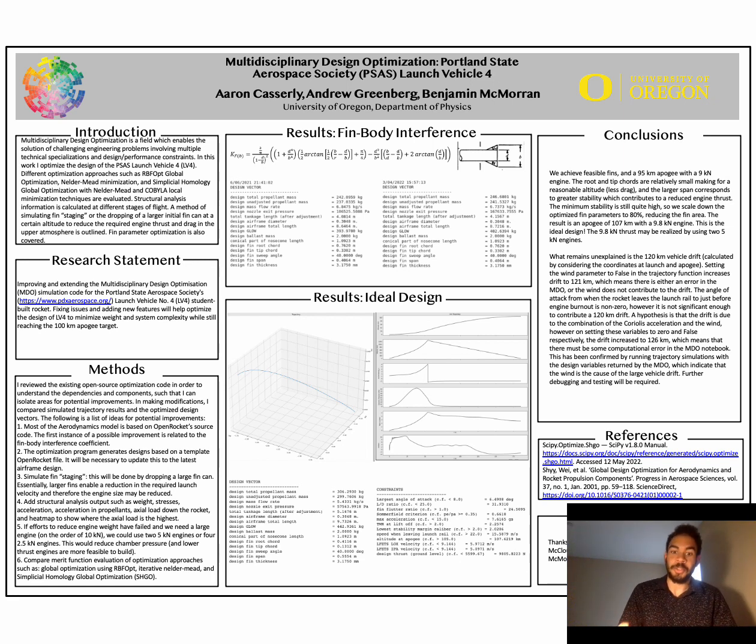You need an exit pressure such that you're getting the optimal amount of thrust. And so there was that.